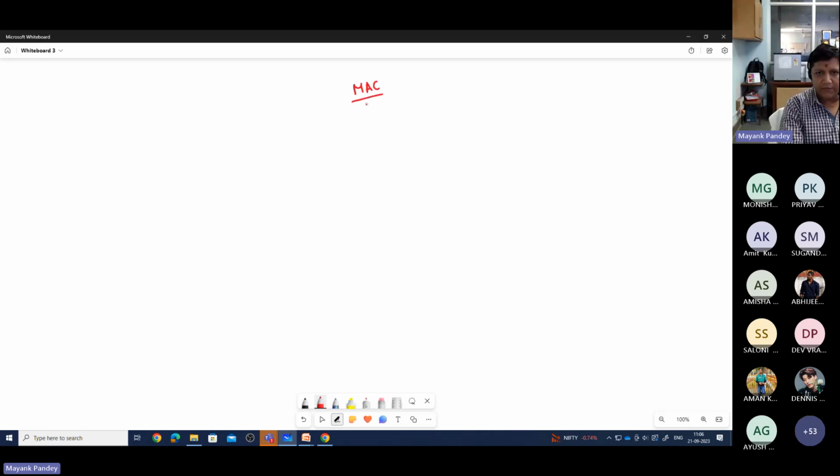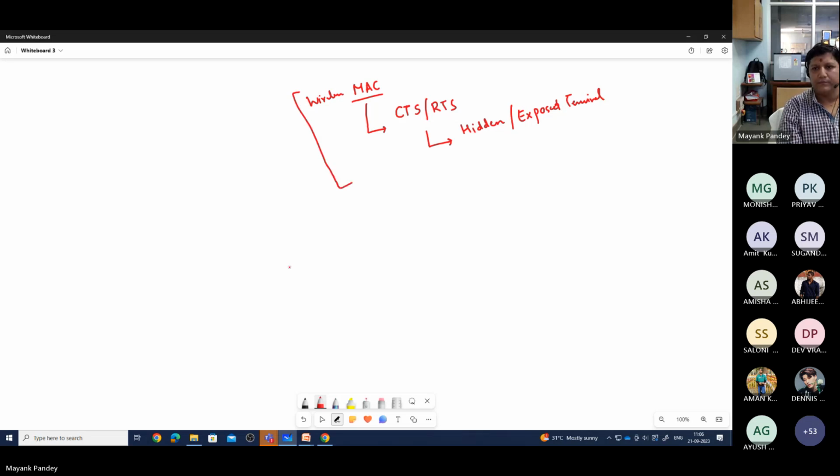In wireless MAC, we have seen CTS and RTS to solve the hidden and exposed terminal problem. You can expect a question on this.